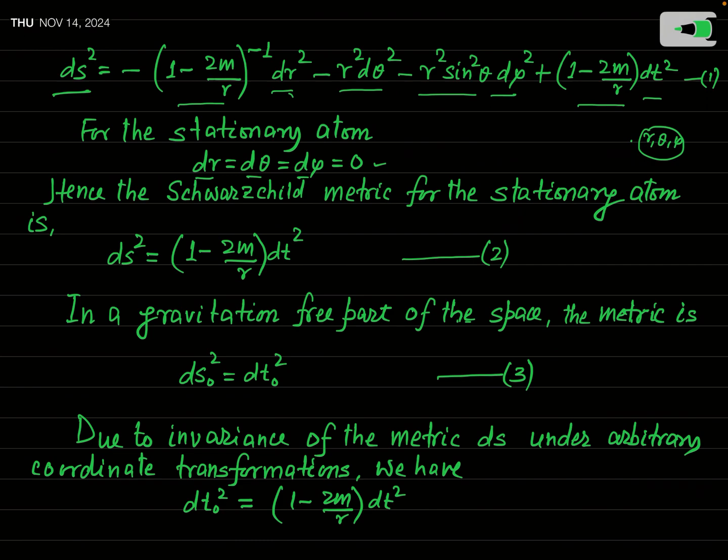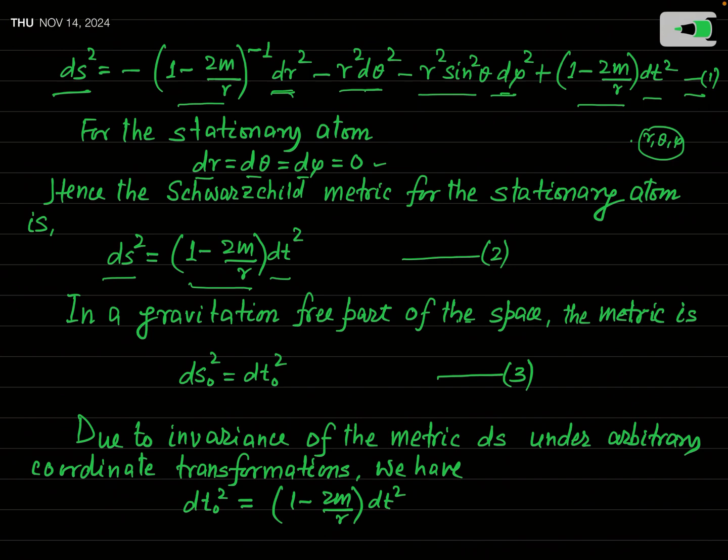From this equation, the first three terms on the right-hand side become 0, because they contain dr, d theta and d phi. So for the stationary atom, the line element ds squared is simply given as (1 minus 2m over r) times dt squared.